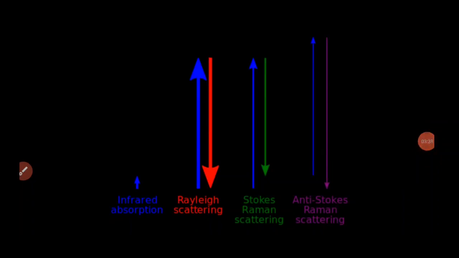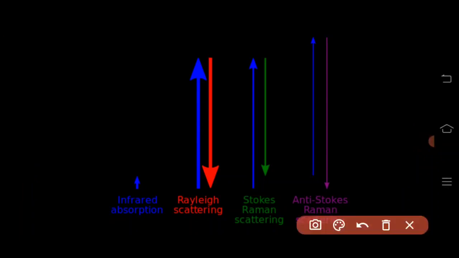Students, in this picture, the spectral lines having frequency equal to the incident frequency are called Rayleigh lines. The color lines are shown here as spectral lines. The lines with frequency equal to the incident ray frequency are called Rayleigh lines.